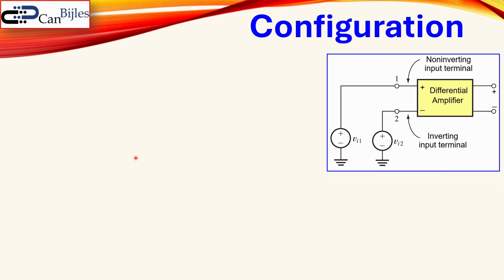Okay. The next one is about the configuration. So let me also discuss that in a little more detail. So this is our differential amplifier. We have here 2 inputs, 1 and 2, and we have here also 2 signals, VI1 and VI2. This one is a non-inverting input, and this is the inverting input, like in the operational amplifier. And we have here our output, and we can designate it again as VO1 and VO2.